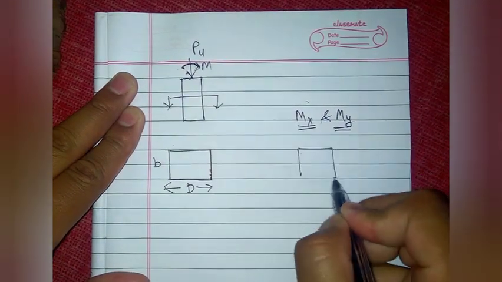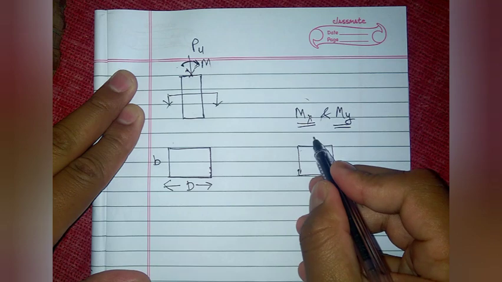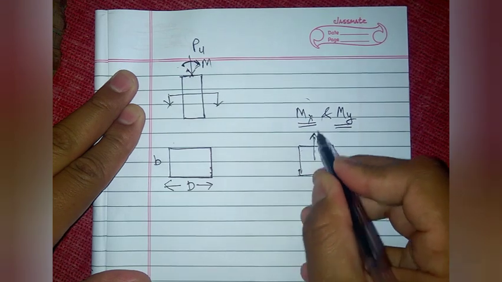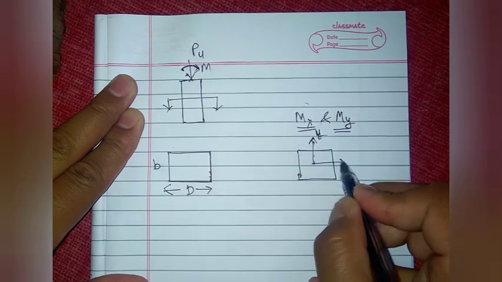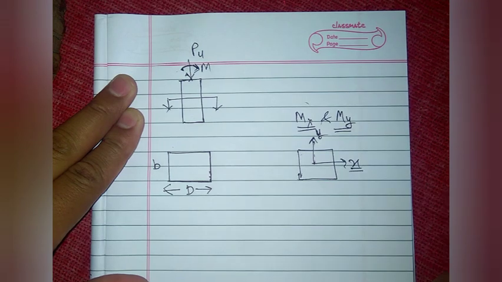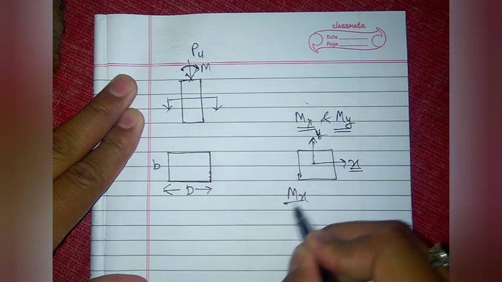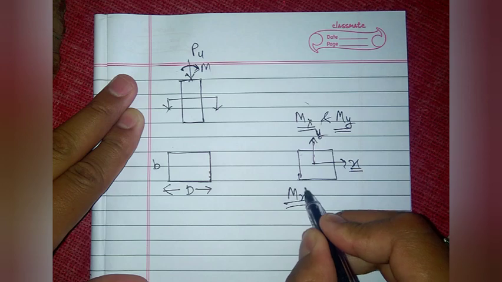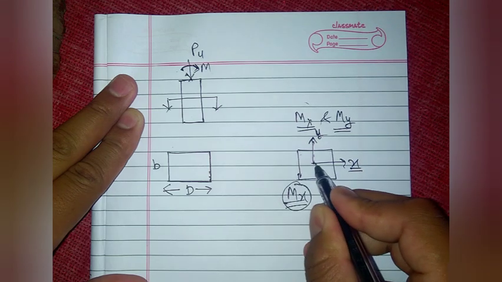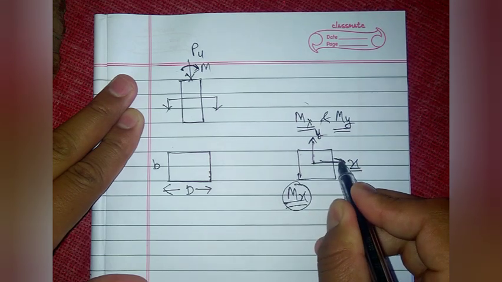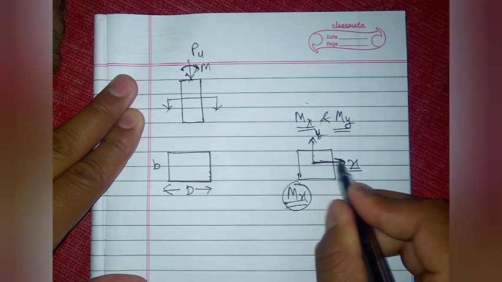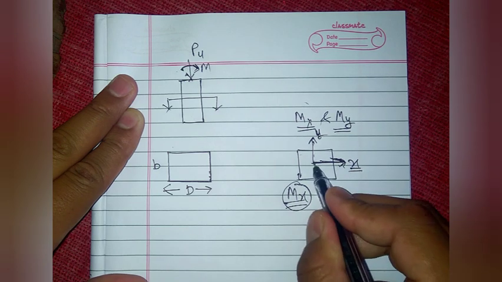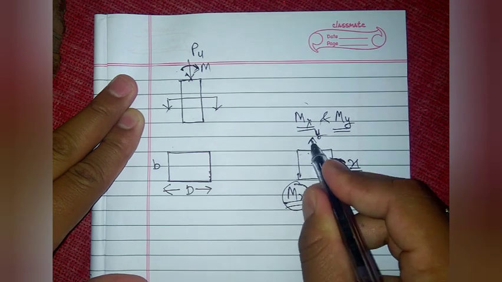If this is a section, and these are your two directions, this is y and this is the x direction, then Mx means that this moment is acting along the x direction, and it is acting about the y axis.